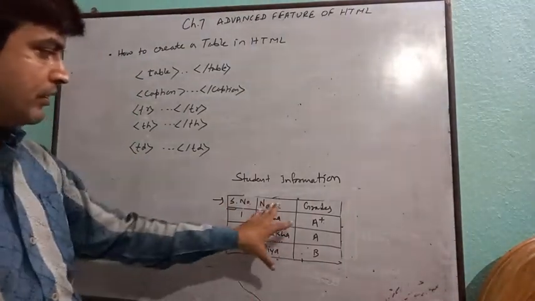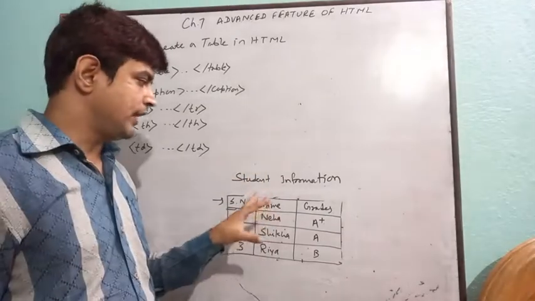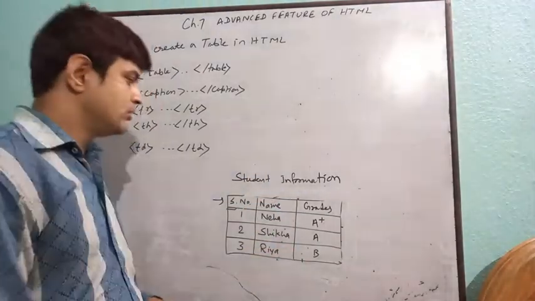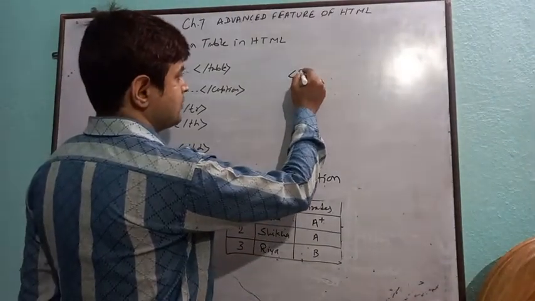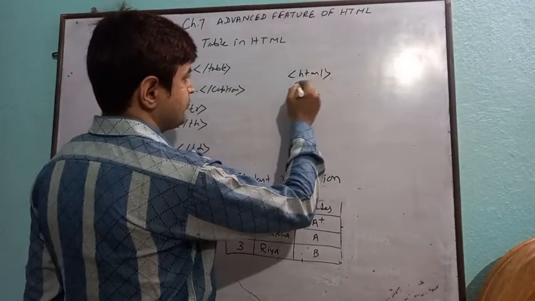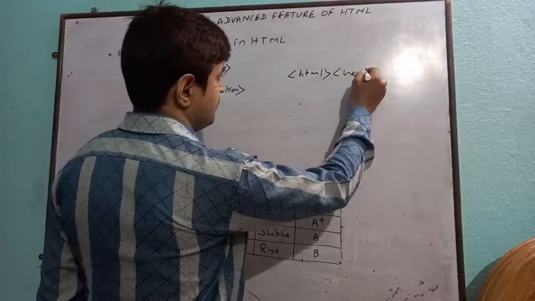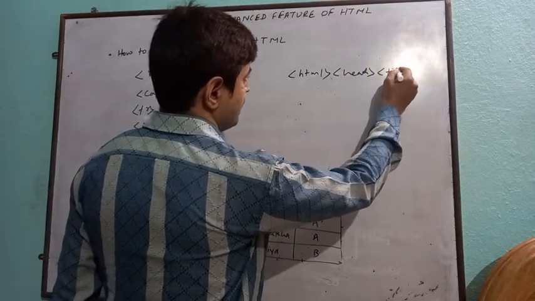Suppose we have to create this table, we have to write the code for this table. What will we do? First of all, an HTML program starts with the HTML tag. Next to HTML, we define head and title.